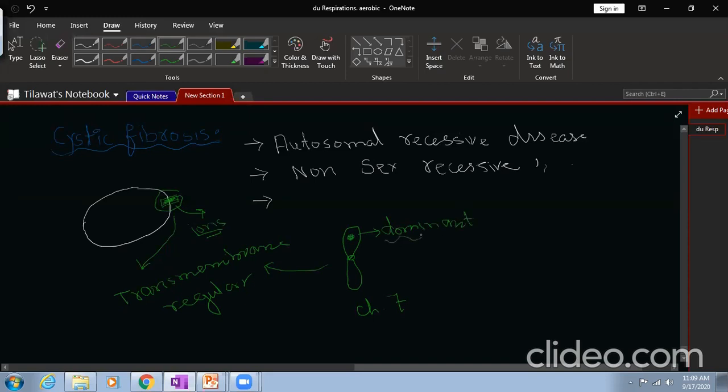Is it okay? Now, the normal gene is dominant, present on chromosome 7. Let's suppose I will mention this by F, the normal gene. Because of mutation, this will change into a recessive form.